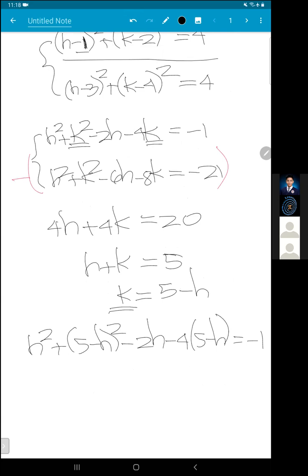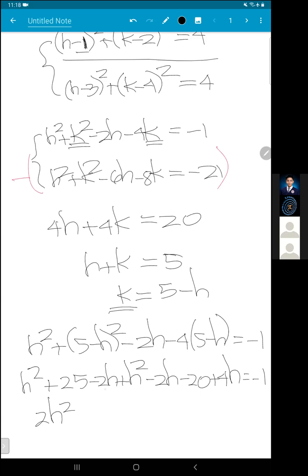And then this will just be in a single variable h. So let's see, h squared plus 25 minus 10h plus h squared minus 2h minus 20 plus 4h equals negative 1. Then simplify, 2h squared.